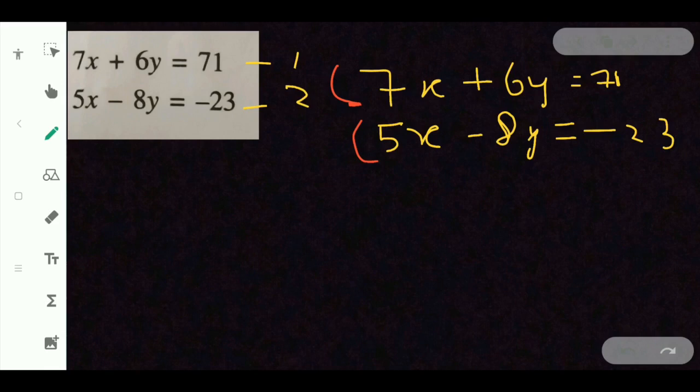The first equation I am multiplying with 5, and the second equation I am multiplying it with 7.